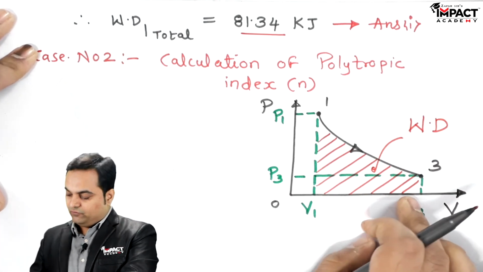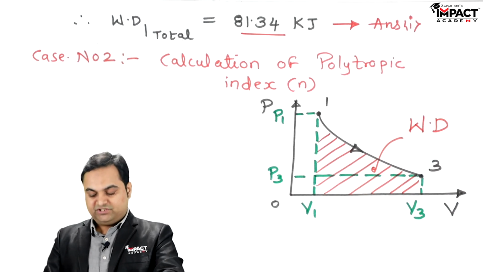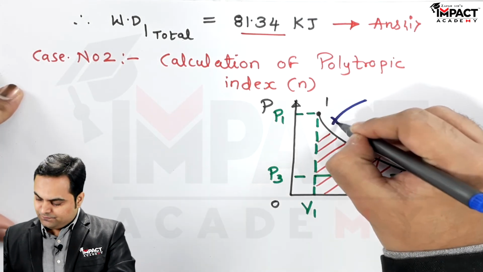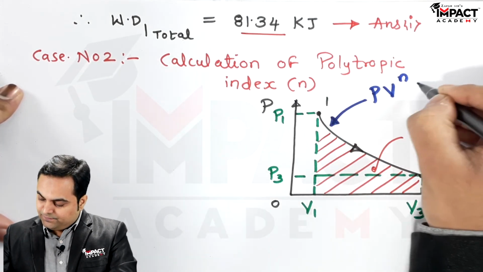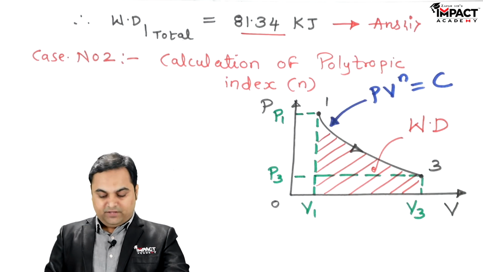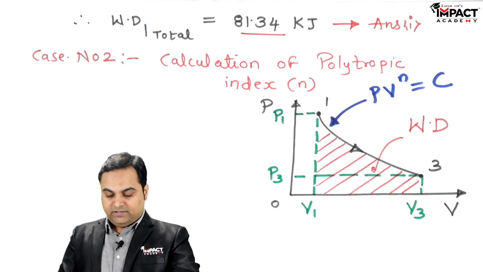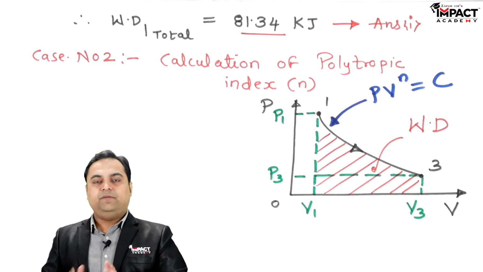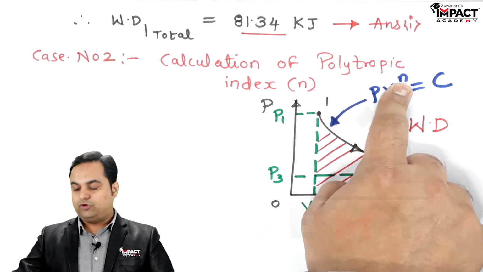And this work done would be for the polytropic process, which is given by the law PV raised to n equal to constant. So the condition is we have to keep the work done the same. Keeping the work done the same, find the polytropic index.